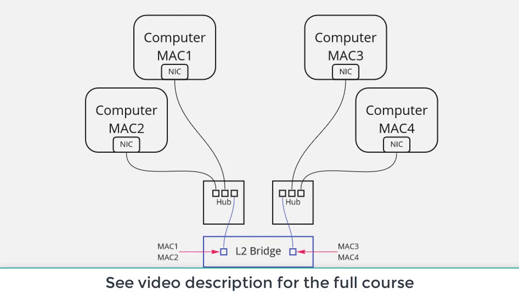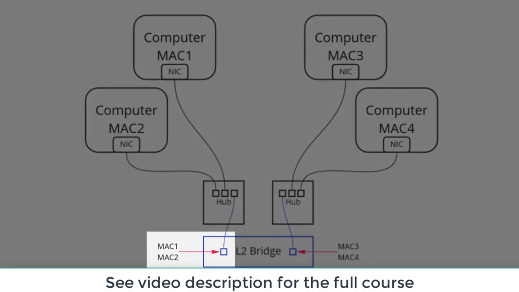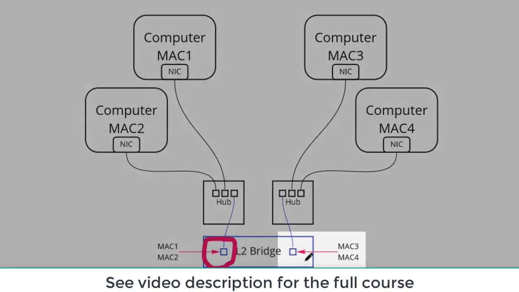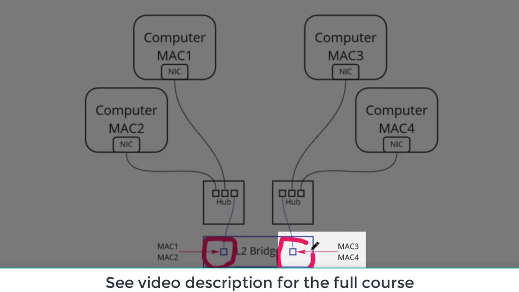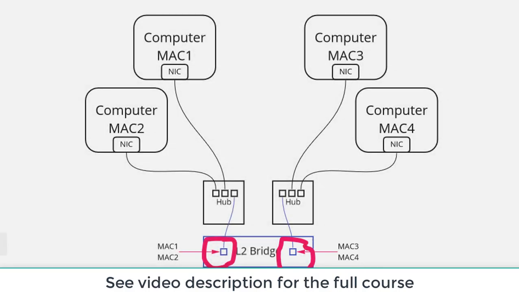And so the MAC address table of the layer 2 bridge essentially knows that in this scenario, MAC address 1 and MAC address 2 are reachable through this port, and MAC address 3 and MAC address 4 are reachable through this port.